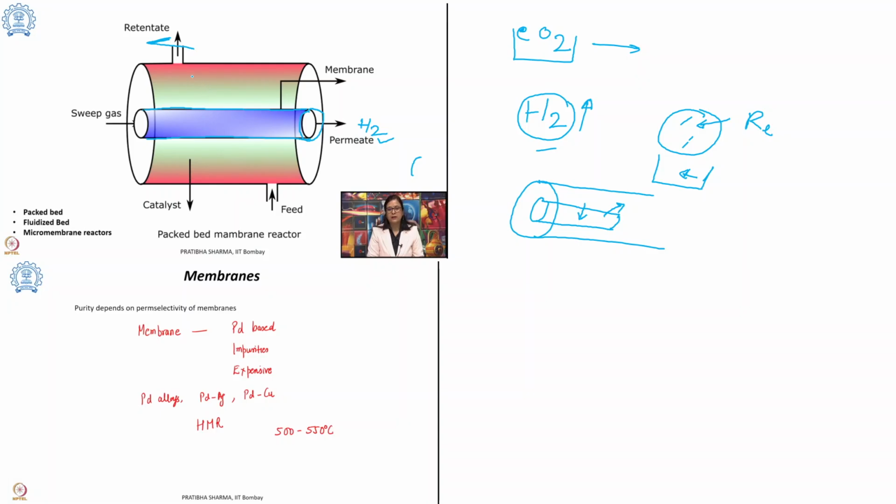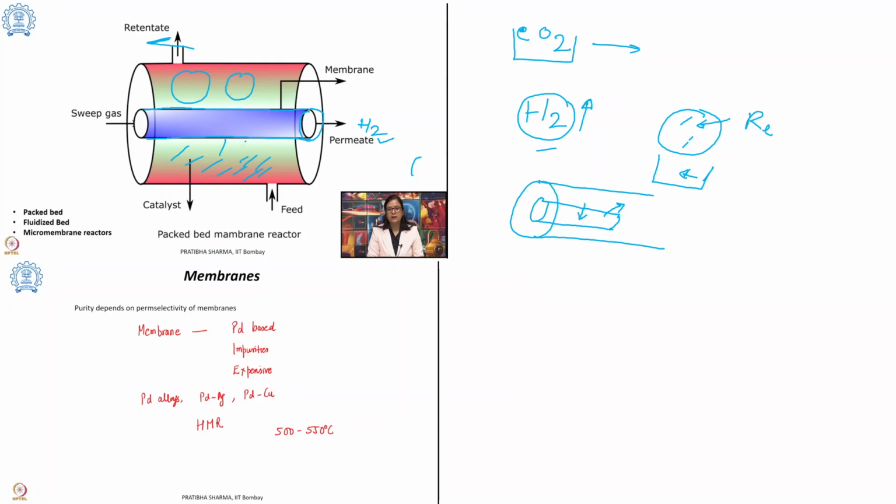In the outer cylinder, here the reactions are happening. Here the SMR reactions are occurring, and the basic principle of our main motto is just to remove one of the products, here hydrogen.